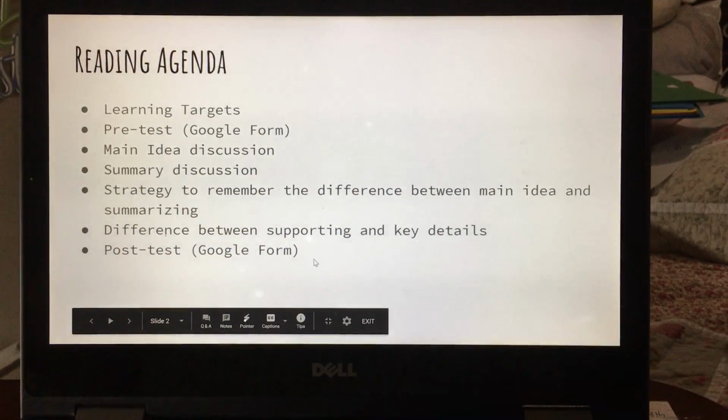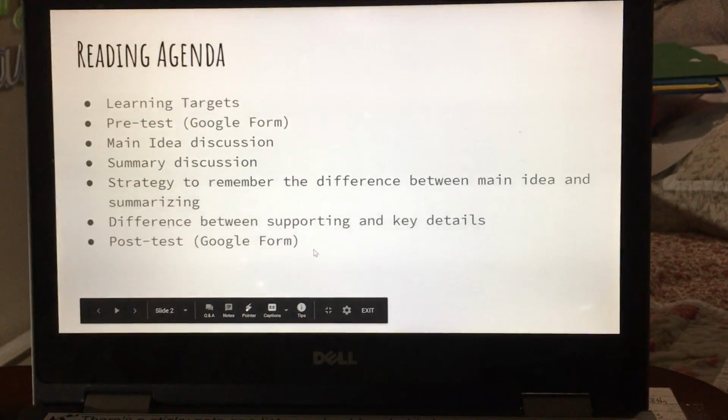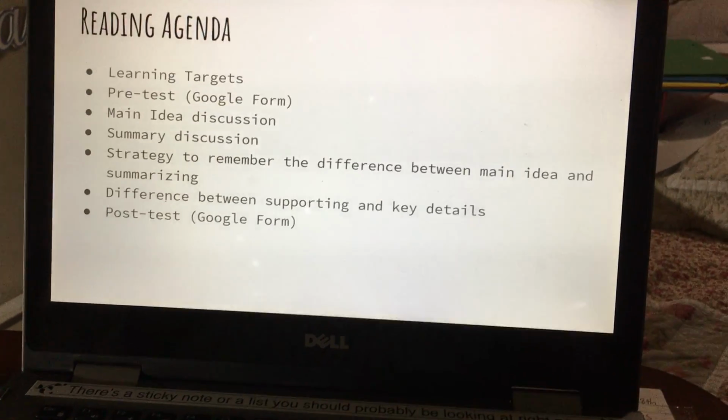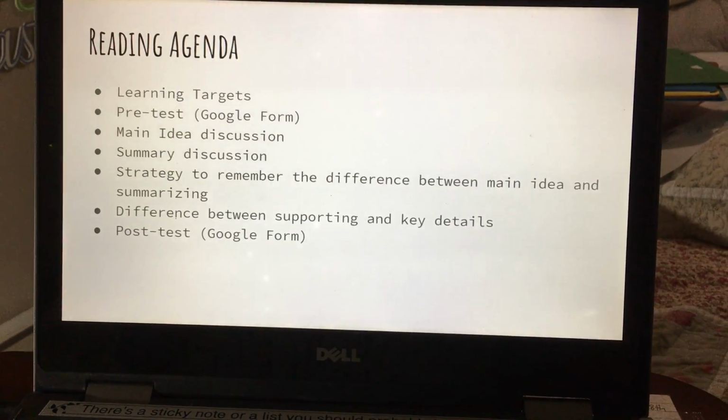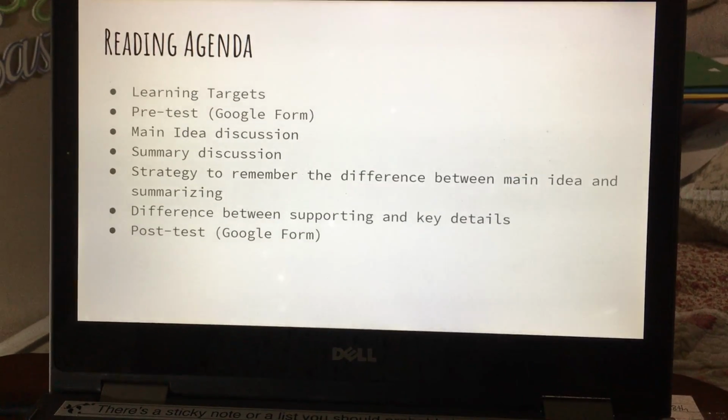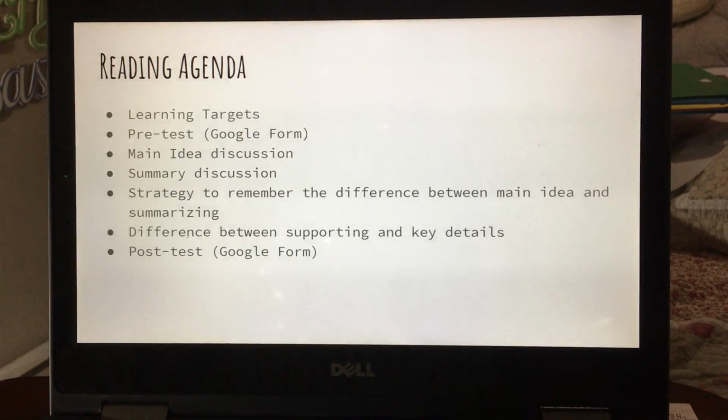Okay, the agenda for this lesson. We're going to go over learning targets. You have a pre-test that's on a Google form, but you need to hear the paragraph that goes along with it that's in this lesson.